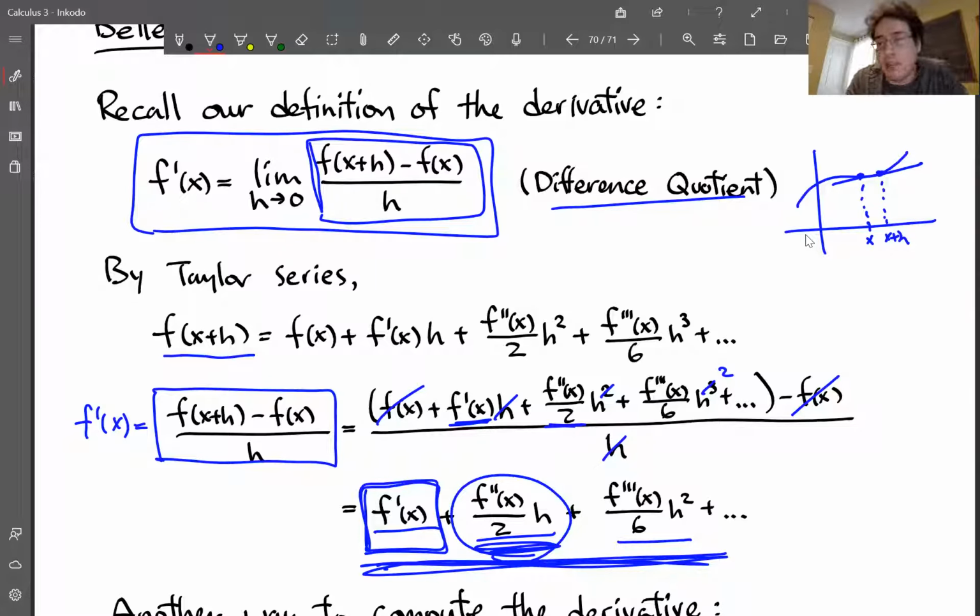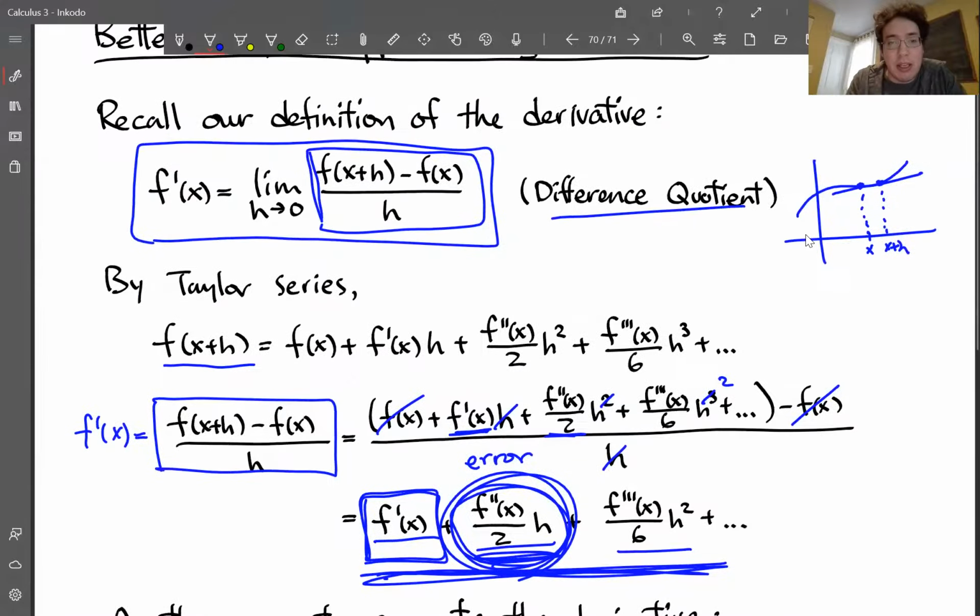Like 0.001 or something. H squared is much, much smaller, because if you square a small number, you get a really tiny number. And then all the other terms are h cubed, h to the fourth, and so on. All of those are much, much smaller than this expression right here. So this is the bulk of the error. Okay, so basically, if we compute the difference quotient where h isn't going towards 0, the error you have is some constant times h.